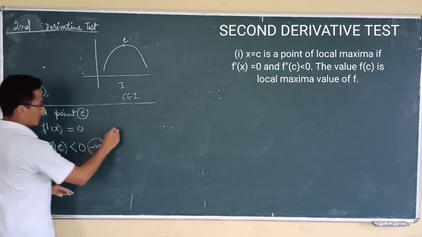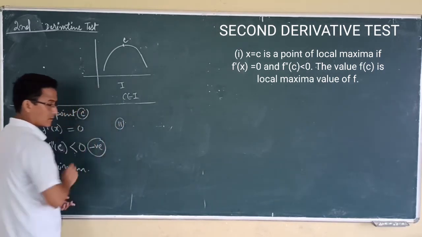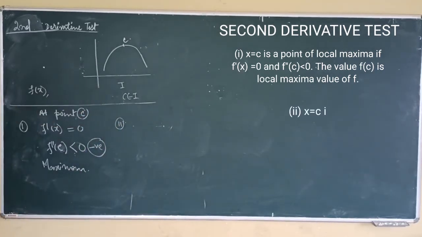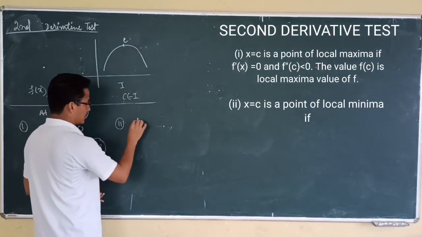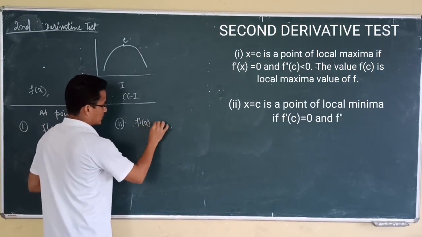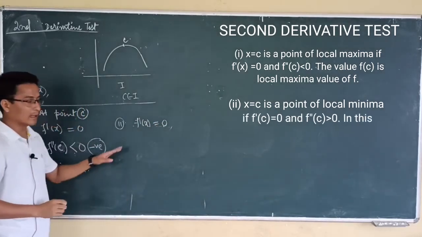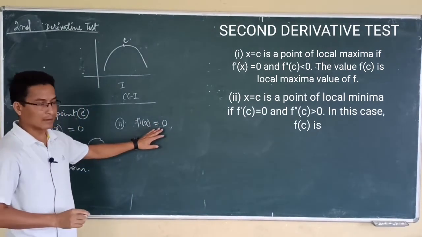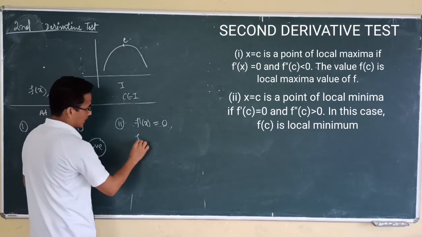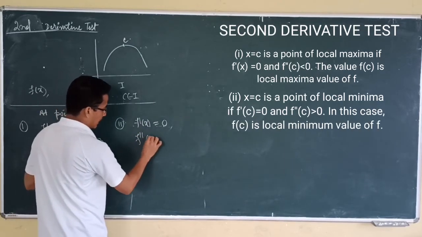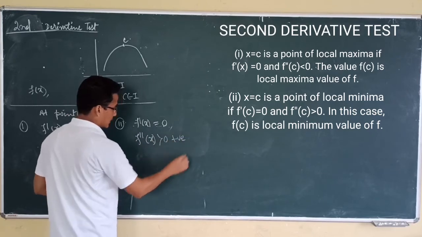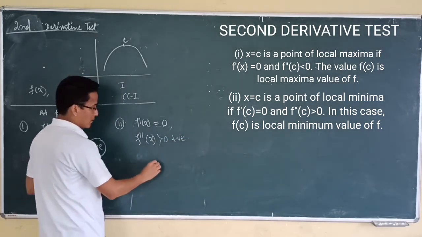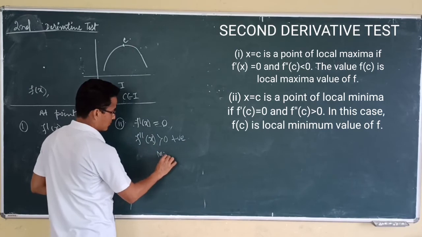Now number 2, second condition. If your second order derivative at C, with f dash x equal to 0, then you will get the critical point. If you get f double dash x greater than 0, positive, then you will get the minimum.